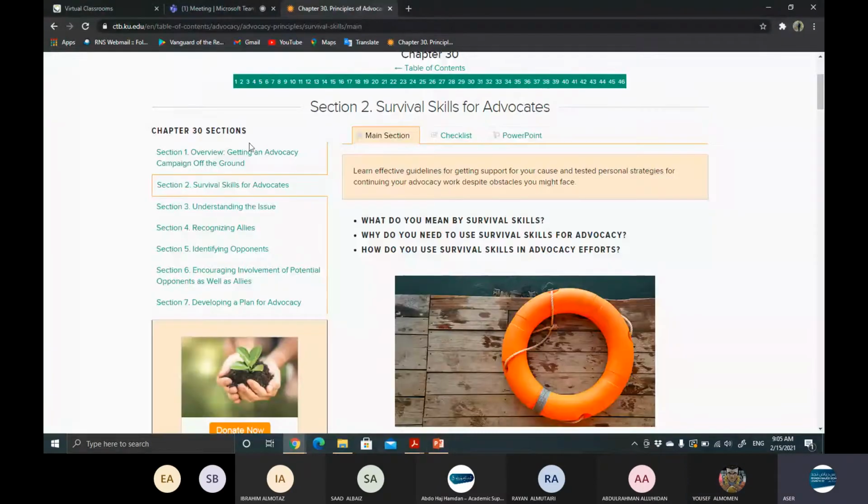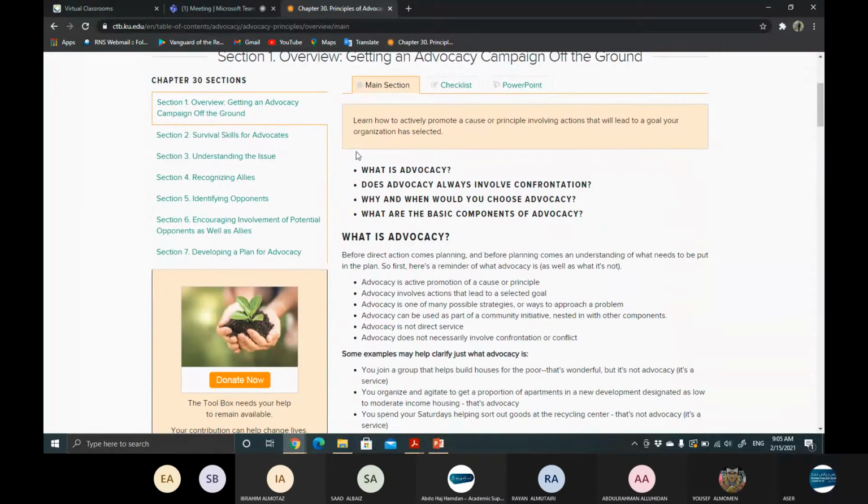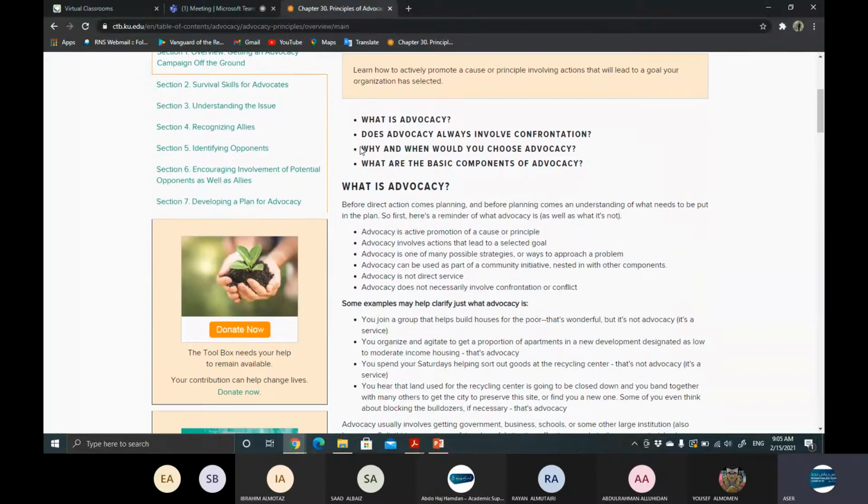Okay, quick revision. We have spoken about the meaning of advocacy, that's for one. We have also spoken about how it doesn't always have to involve confrontation.